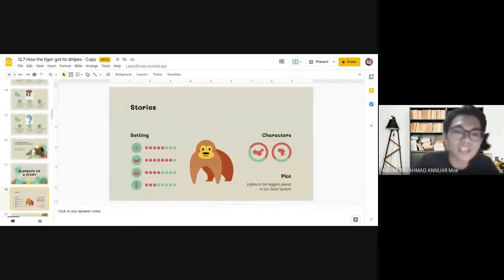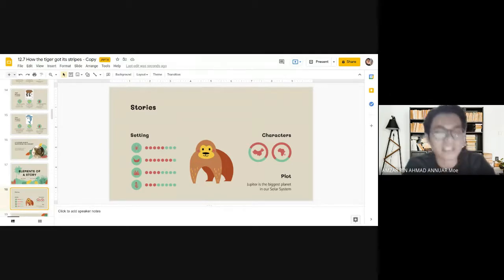Without the setting, you will not know where the story takes place and when it takes place. Kalau tanpa setting ni, awak takkan tahu cerita ni letaknya di mana berlaku, bila benda tu berlaku. Itu pentingnya setting. Dan dalam community apa benda ni berlaku. Okay. Kemudian characters. Tanpa characters, cerita awak tidak akan berjalan sebab tak ada watak.